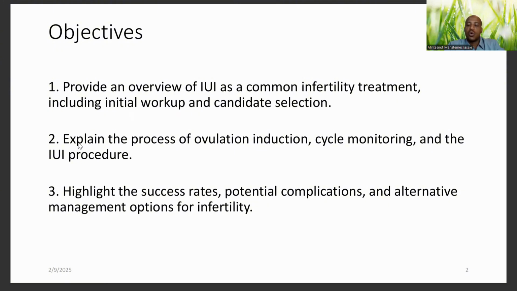I will also explain the whole process of the cycle, starting from ovulation induction, cycle monitoring, giving the triggering drug, when to give this trigger drug, and we'll also see the general IUI procedure to optimize the outcome of IUI.